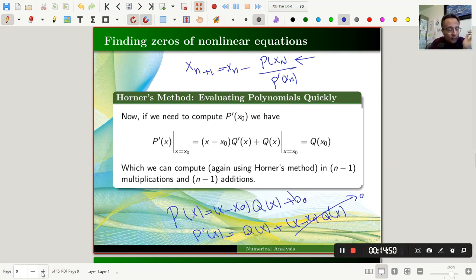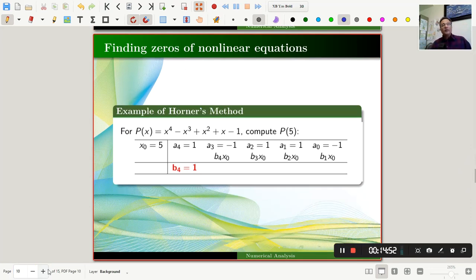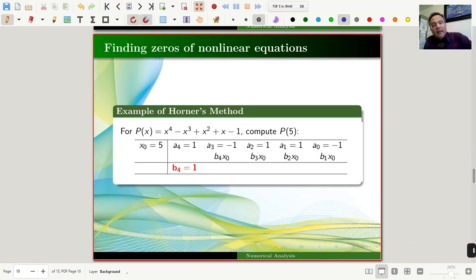Let me show you the implementation of Horner's method by an example. Suppose that we want to compute p at 5 for the polynomial p of x equal to x^4 minus x^3 plus x^2 plus x minus 1.